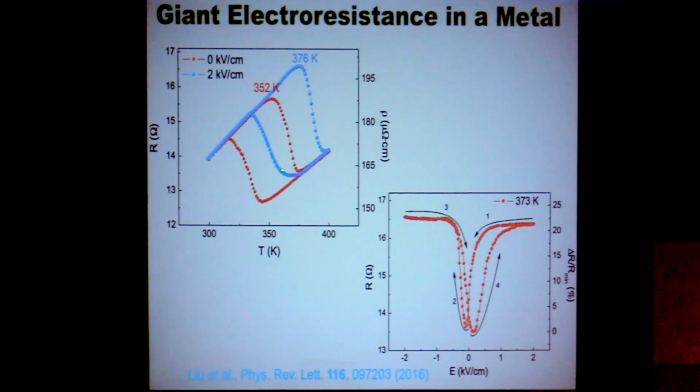Initially, if we don't apply any electric field to the barium titanium oxide, there's no piezoelectric strain, and the magnetic phase transition temperature is around 350 K. But if you apply a piezoelectric strain, this transition is shifted by 24 K to 376 K. Around this phase transition point, previously it was already the ferromagnetic state, and after applying the piezoelectric strain, it actually becomes the antiferromagnetic state. Then around this phase transition point, using the electric field to produce piezoelectric strain, you can completely reverse the magnetic order in these materials.